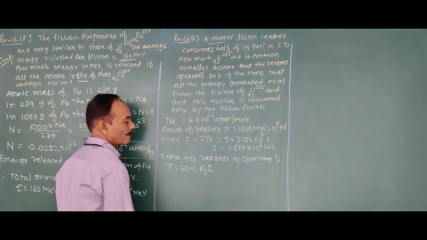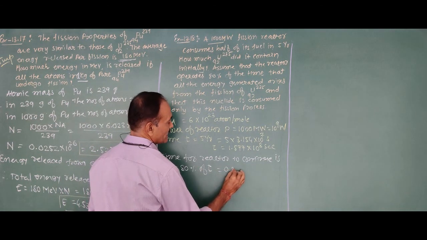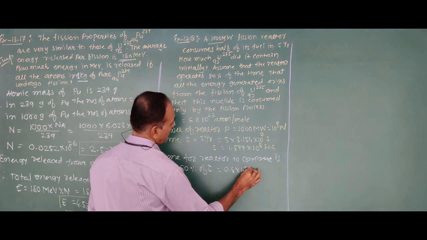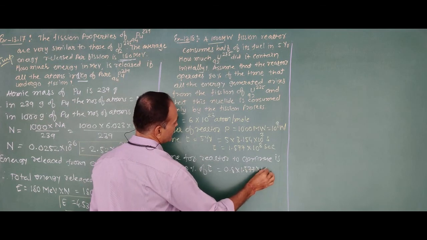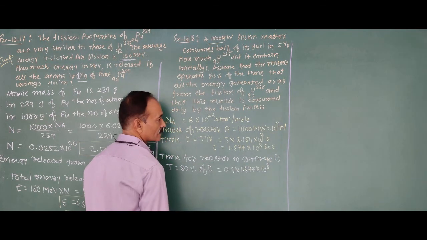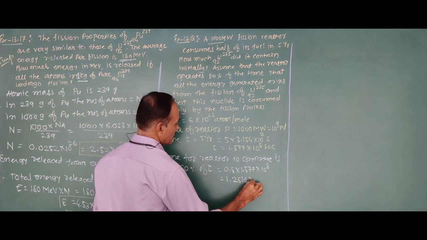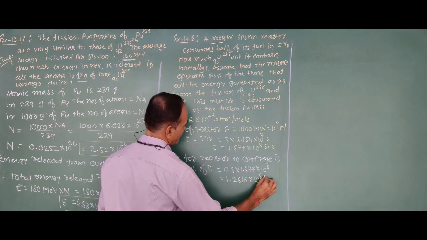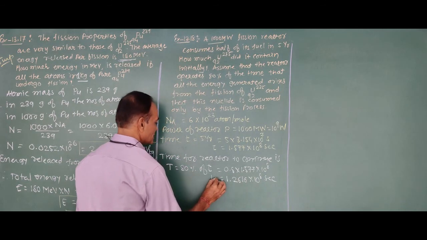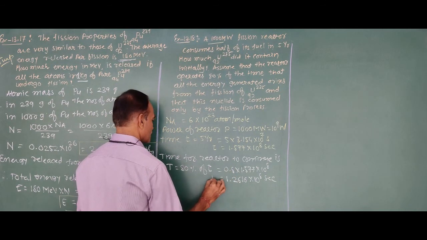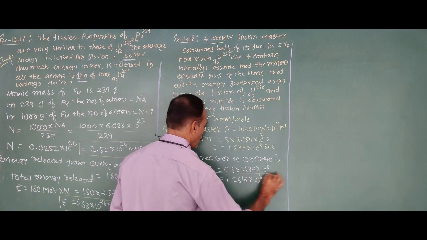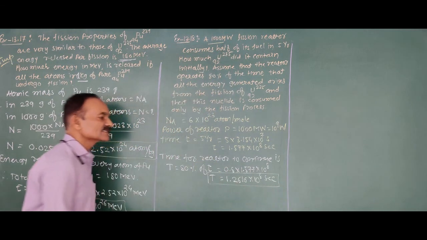That means 0.8 into 1.577 into 10 to the power 8 is equal to 1.2616 into 10 to the power 8 second. For this time, the reactor is on and continuous.